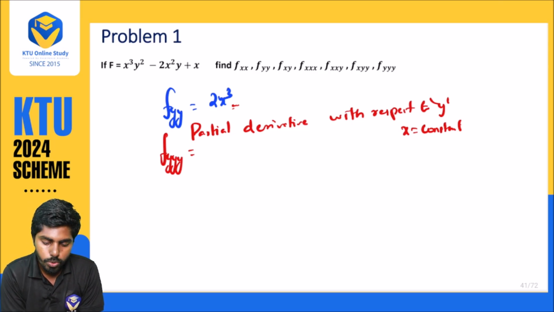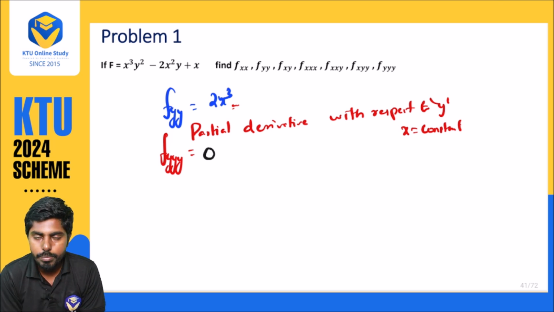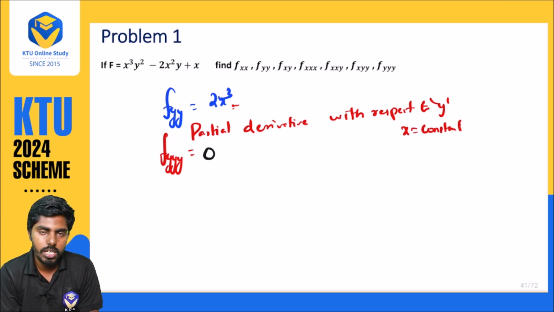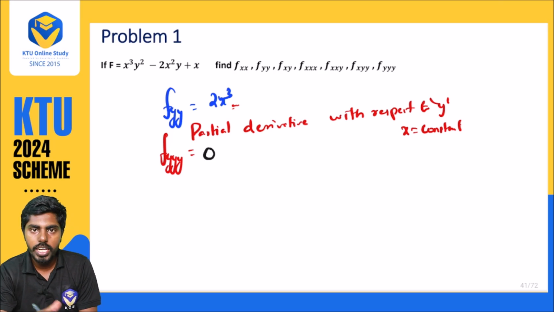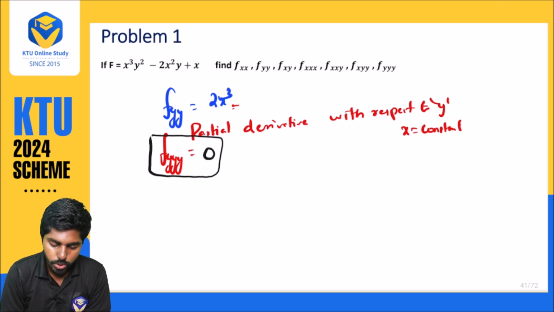Automatically we can write it is 0 because no y term is there. When there is no y term, the other terms are constant, and when you differentiate a constant, it will become 0. So f of y comma y comma y is 0.